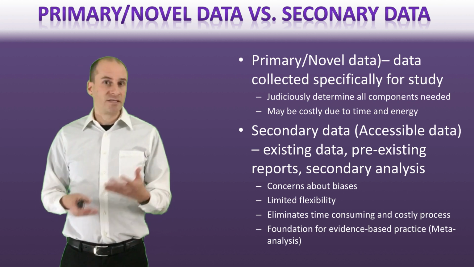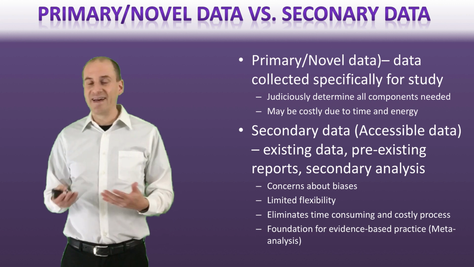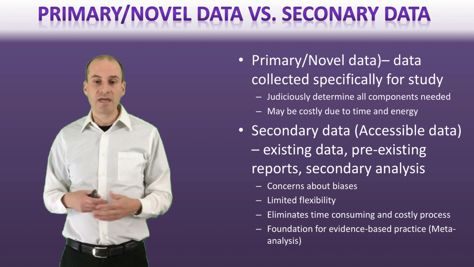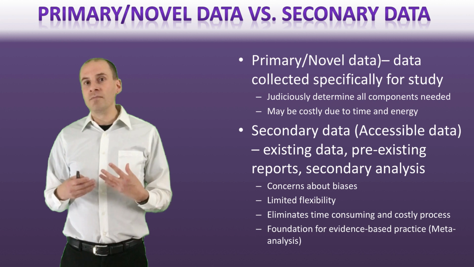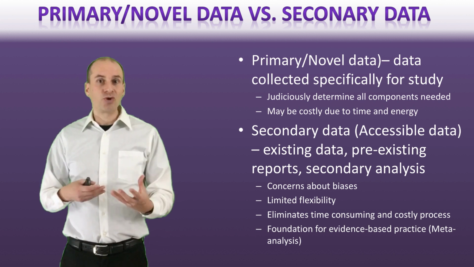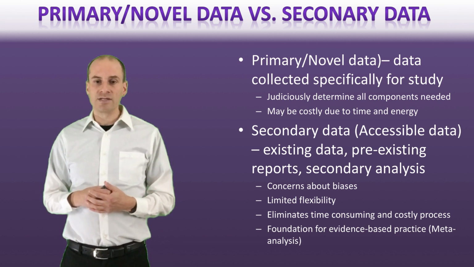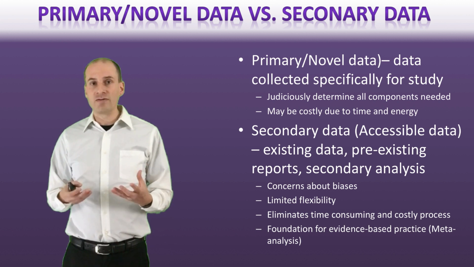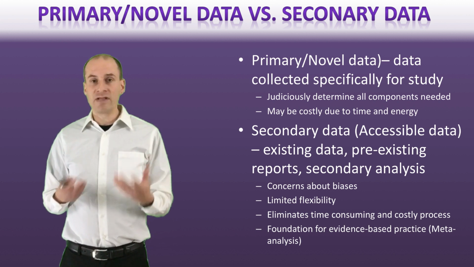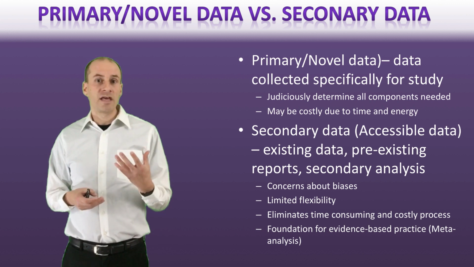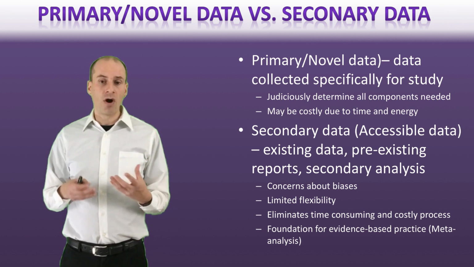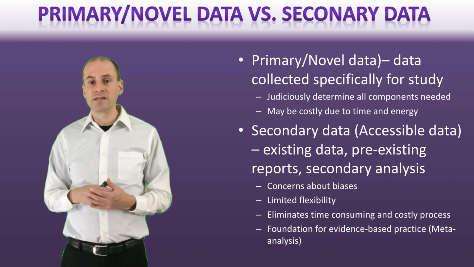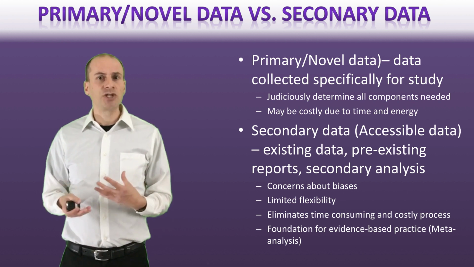Now, it has advantages in terms of being quicker and cheaper, generally speaking, but there are trade-offs to think about with that as well. And this is very often foundational for evidence-based practice. Things like reviews and meta-analyses are often considered to be secondary data analysis. Now, there's some discussion around that.